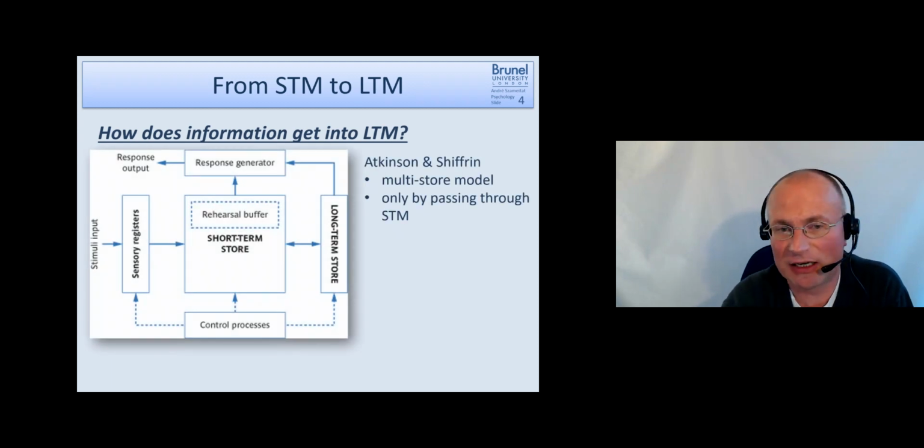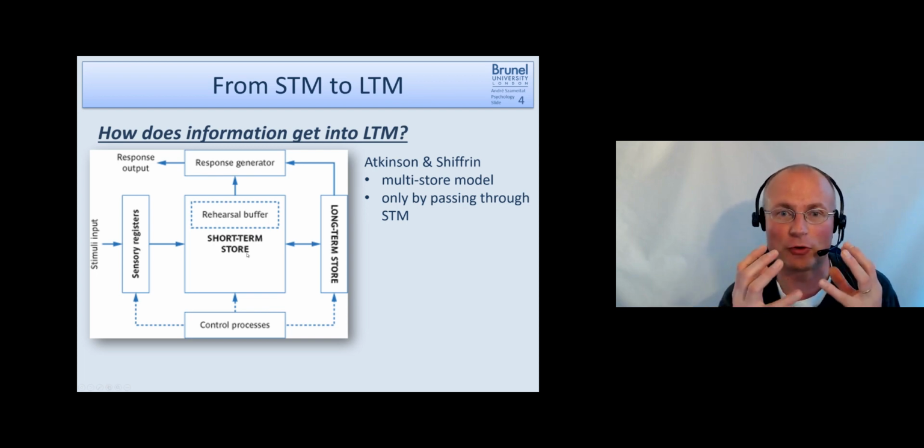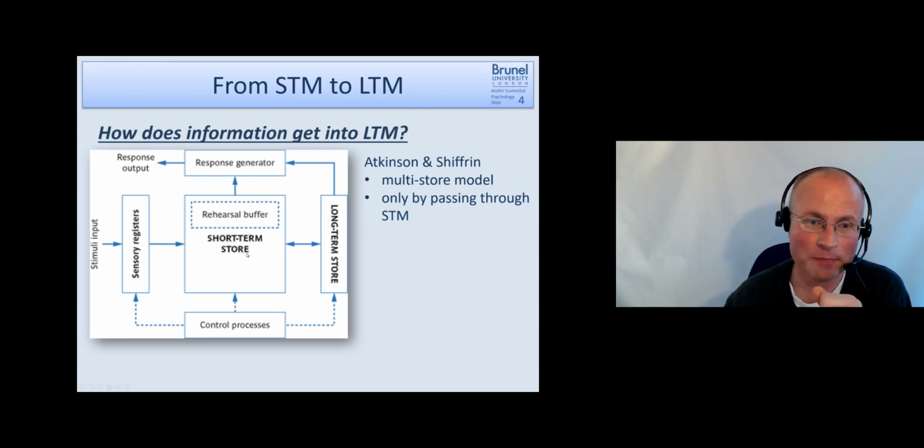Let's have a look at the models we have spoken about last week. We had the Atkinson and Shiffrin model, the multi-store model, where stimulus input comes in at the sensory registers, these brief buffers, where also an early selection filter might work, and then some information gets into the short-term store, which is the central workspace in this model.